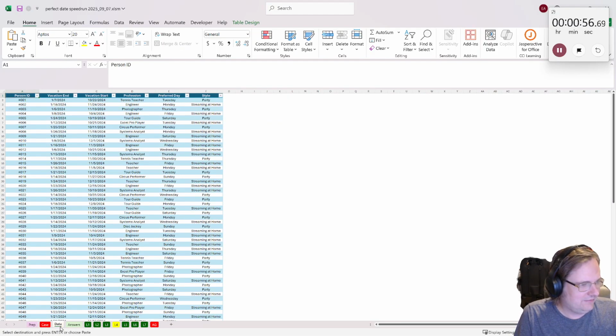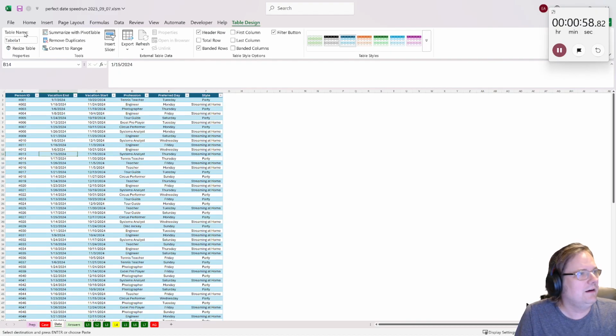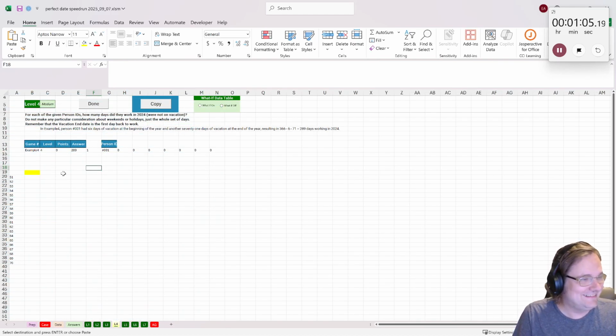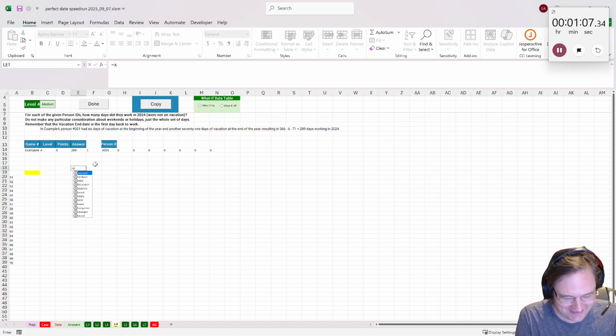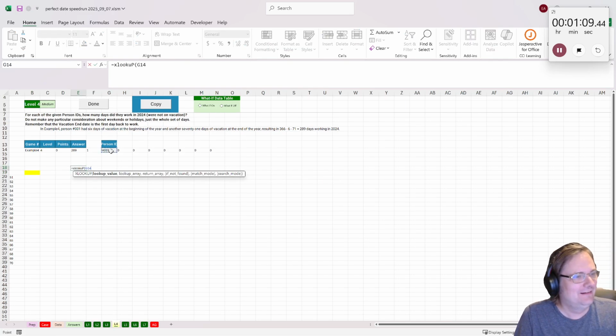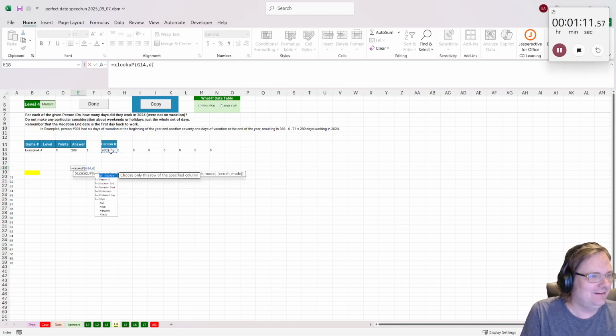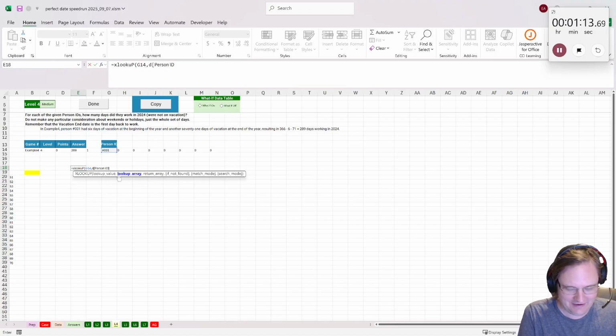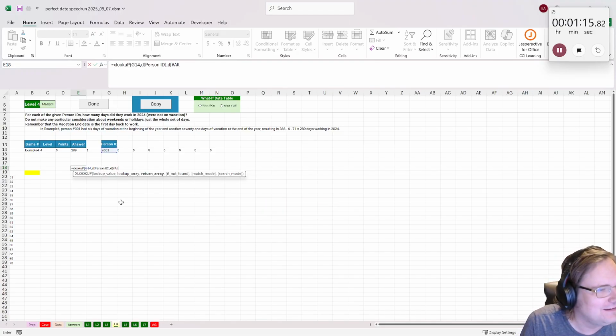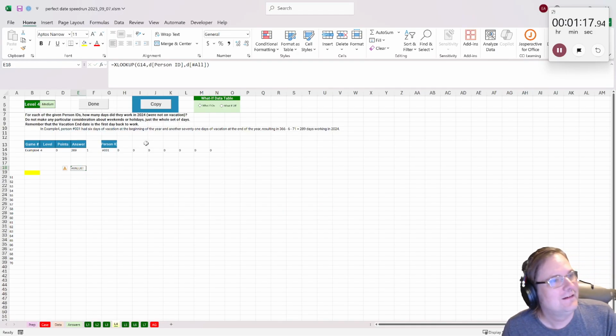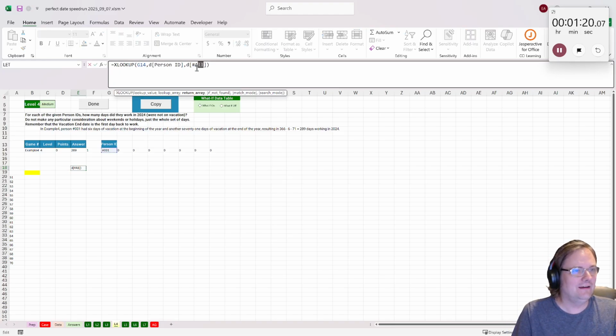This one, all right, so now we're using the data here. Let's call this table T for table. Or sorry, D for data is how I like to do that. So we're going to look up the person's ID on D person ID, returning D, everything, let's say, or not everything, the data.